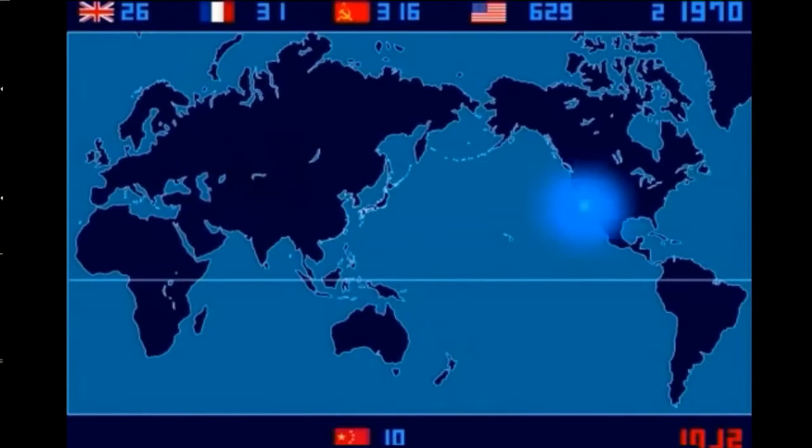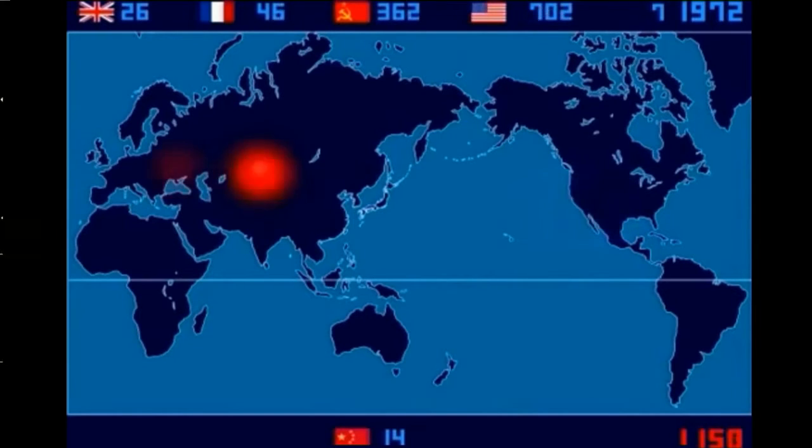So as soon as one country detected the other country's launch of a nuclear missile, an intercontinental ballistic missile, an ICBM, they would be able to launch a counterattack before the first bomb had even gone off. So this was kind of the only thing that stopped World War III from happening, because these countries knew that if they launched an attack at one another, they would receive attack upon themselves.